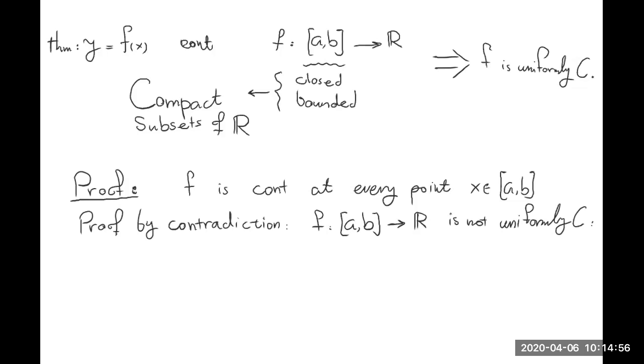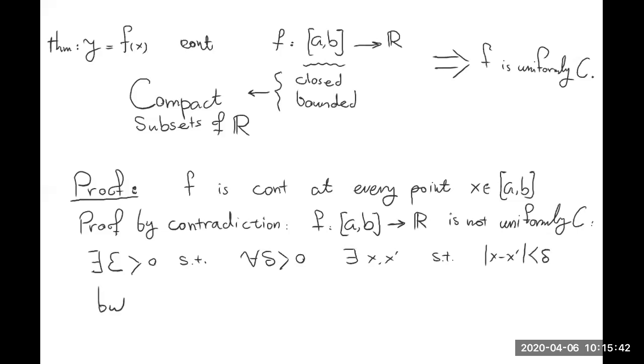Therefore, we know the definition of being uniformly continuous, so if we negate that, it means there exists some positive epsilon such that, no matter what positive delta we choose, for any positive delta, we can find two points, x and x prime, whose difference is less than delta, but the difference between the values of the function f at these two points, the absolute value of f of x minus f of x prime, is not less than epsilon.